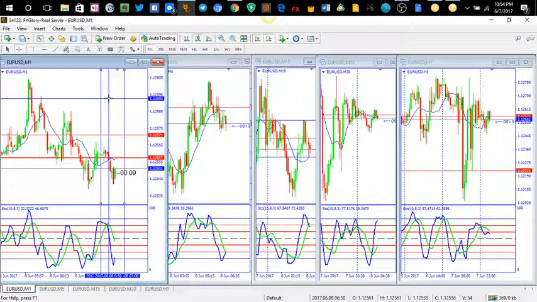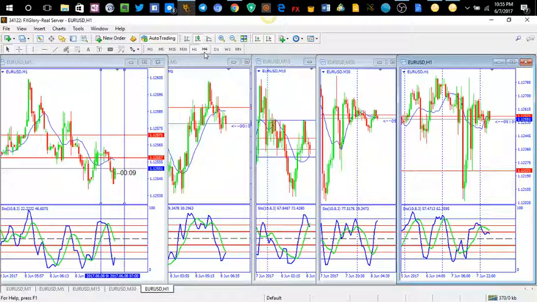Now the 1 hour chart is in a weird position. You can see we have a lot going on here on the 1 hour chart. A lot of uncertainty.